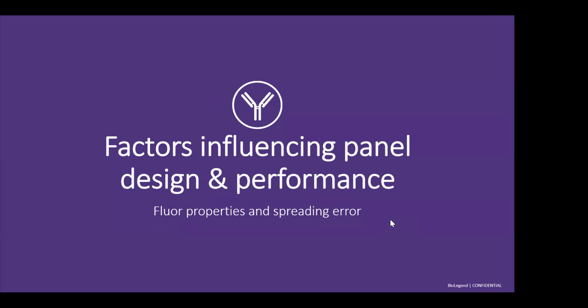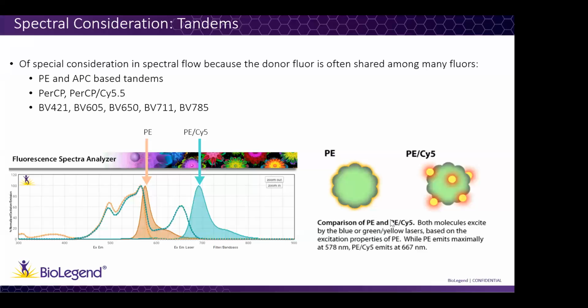And then lastly, something about the factors that are influencing your panel design and performance. So firstly, about the fluor properties, I would like to mention something about tandems first, because we have now a lot of new fluors that are tandems. So you just need to keep in mind that they are usually sharing the same donor molecule, and then the acceptor is changing.